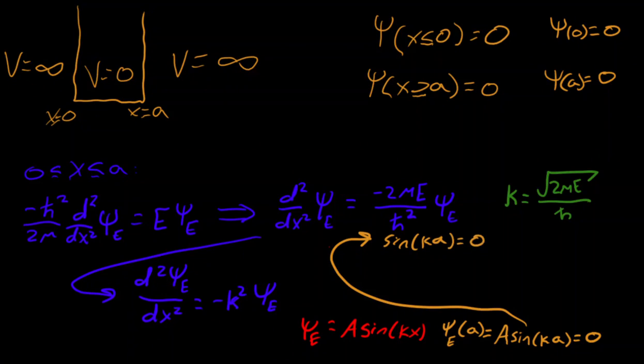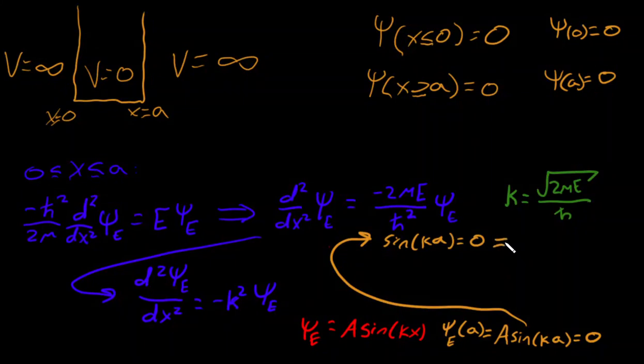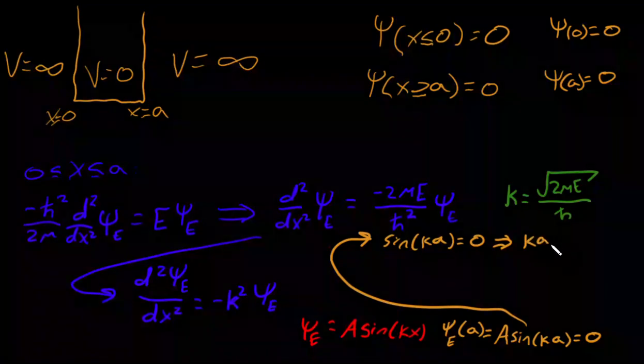But sine of ka equals 0 if and only if ka is a multiple of pi. Sorry, not 2 pi, just a multiple of pi.